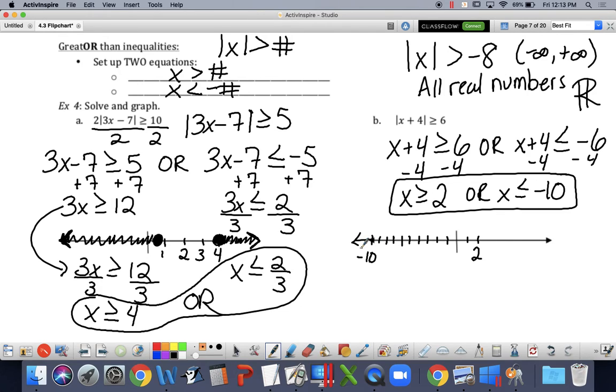I've got my 2 and my 10, so x is greater than or equal to 2, closed in circle, shade up here, negative 10, closed in circle, shade down there. Questions on that?